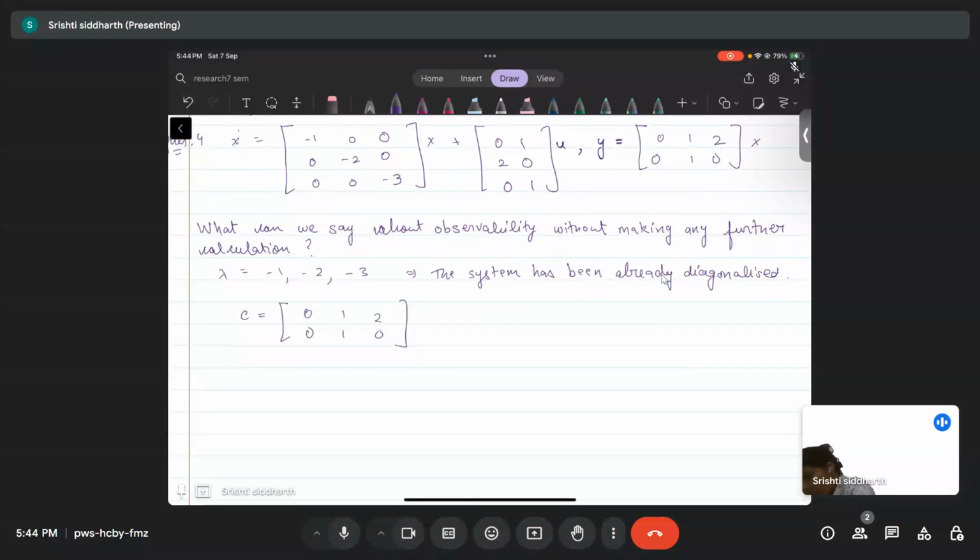So according to the theorem, for distinct eigenvalues, none of the columns should be 0. So this state associated with lambda equals minus 1 is not observable. So this implies that the system is unobservable. Alright. So I hope this was clear to you.